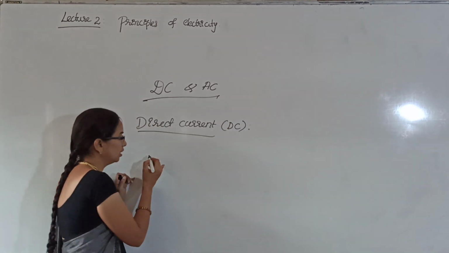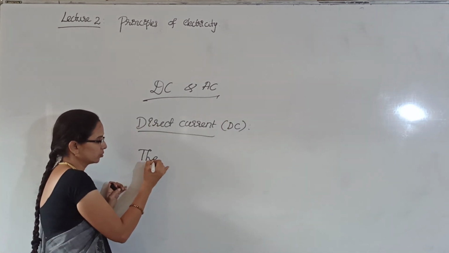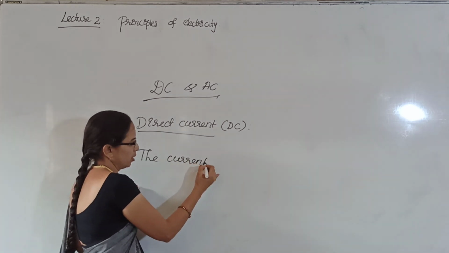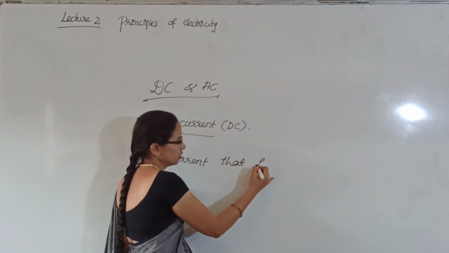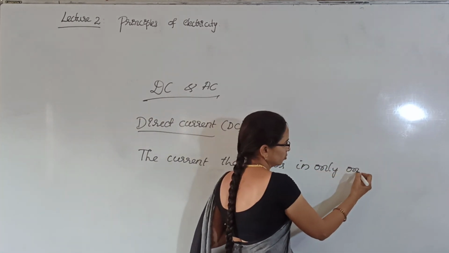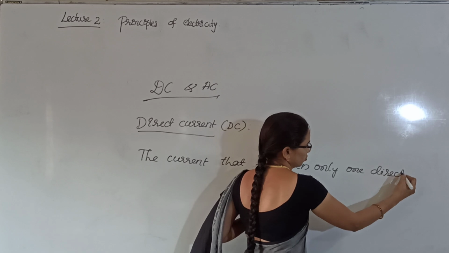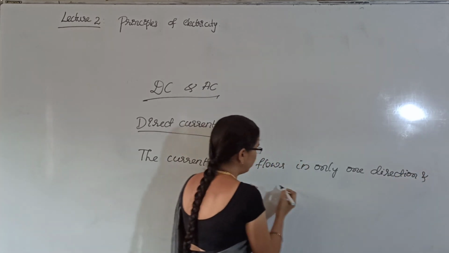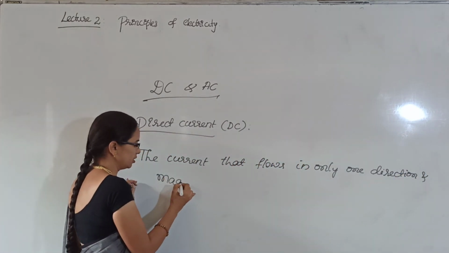DC is nothing but the current that flows in only one direction and whose magnitude remains constant.